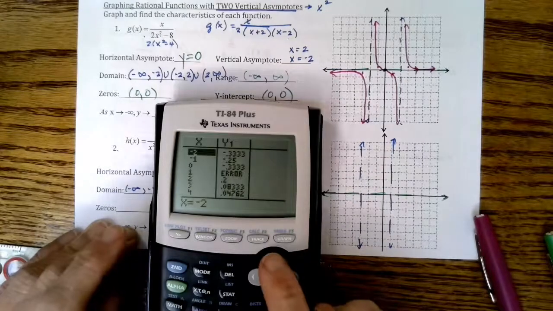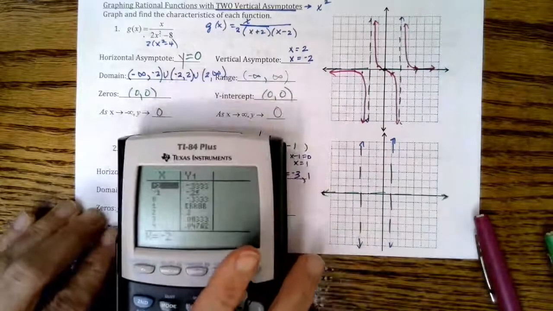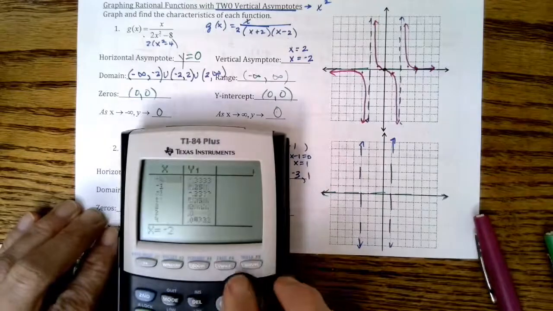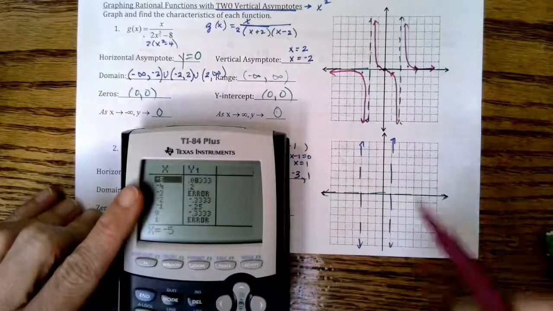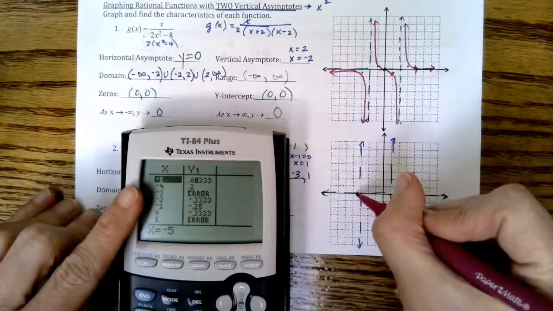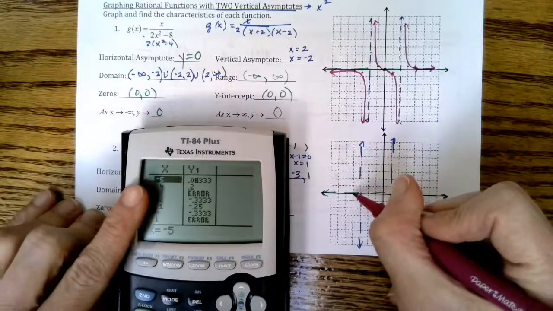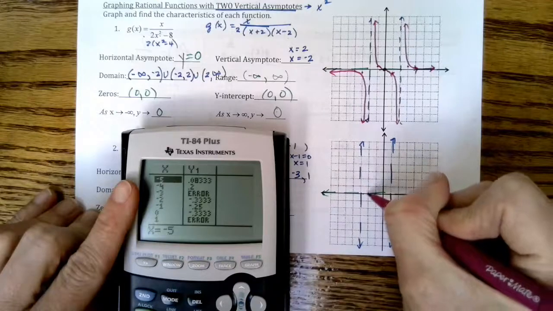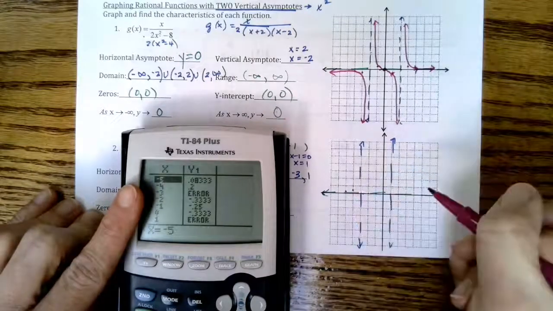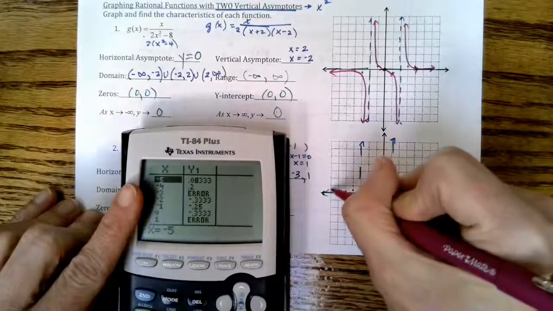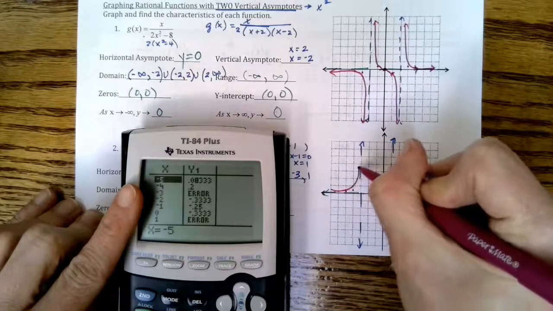It's important to look at points on either side of your asymptotes. So when I look at negative 5, I'm positive, but just barely. Negative 4, I'm positive but just barely. So I know that this part of the graph is going to go this way.